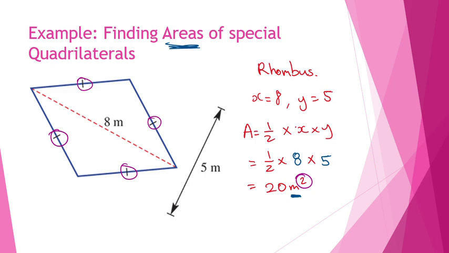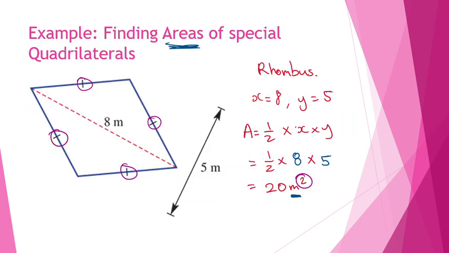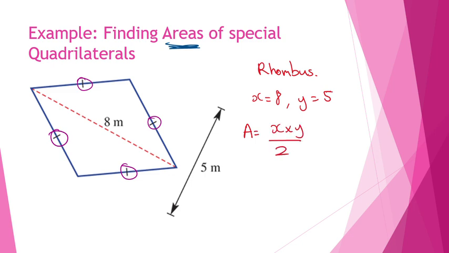Now, I will also show you how to find the area using the other formula instead, which is x times y divided by 2. All right. I've just written out the formula. I am now going to substitute my variables with the known values.